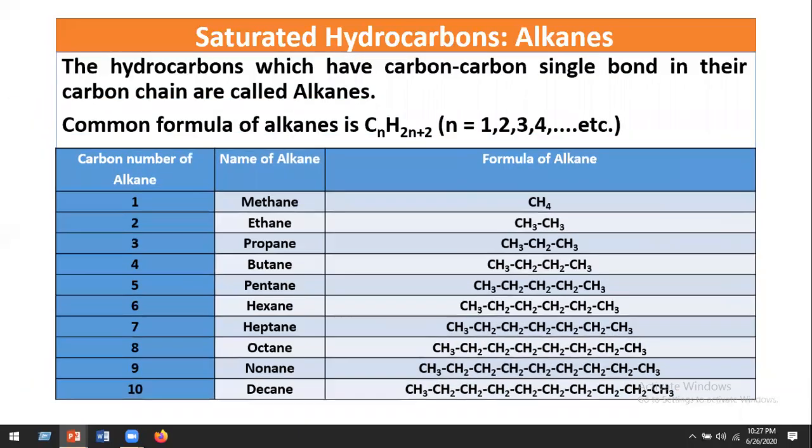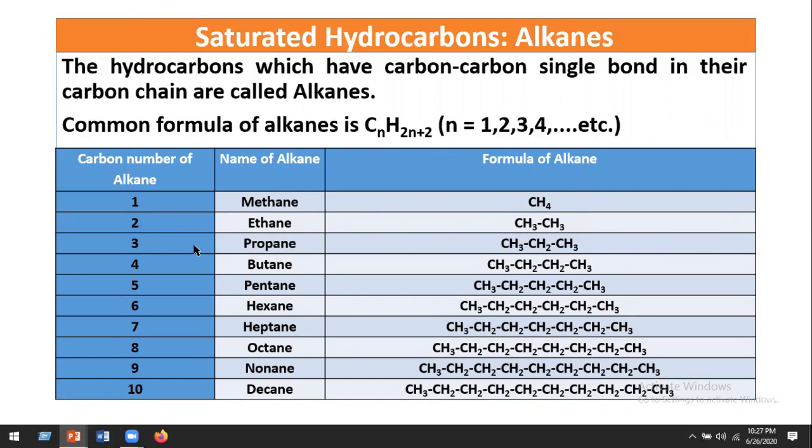When n equals 1, it is called methane, the formula is CH4. When n equals 2, it is ethane, with the formula C2H6 or CH3CH3.